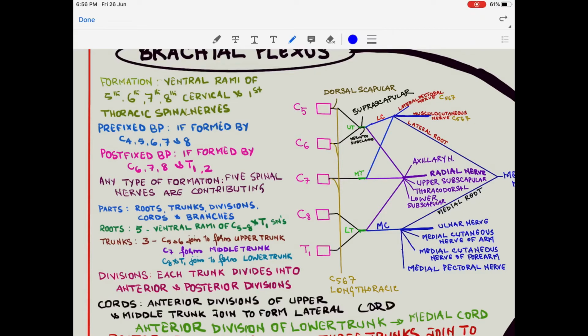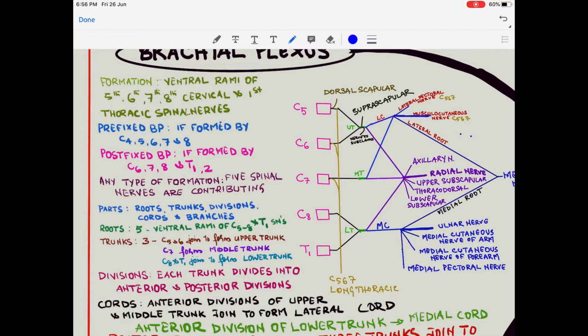Now about the infraclavicular branches. Infraclavicular branches are the branches from the specific cords. Lateral cord, there are 3 nerves, L, M, M. L stands for lateral pectoral nerve, M stands for musculocutaneous nerve and the other M stands for lateral root of median nerve.